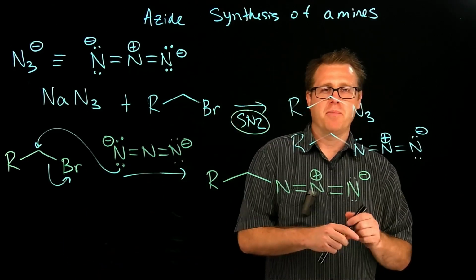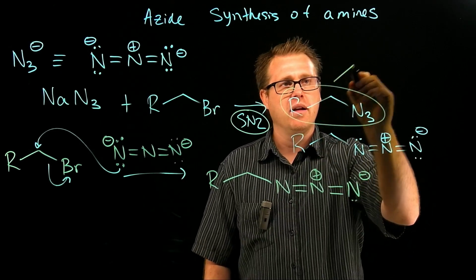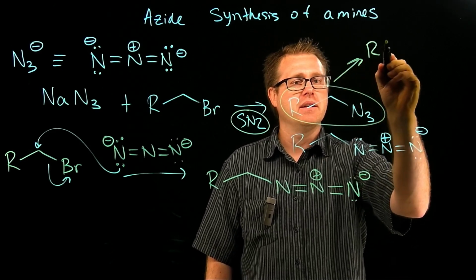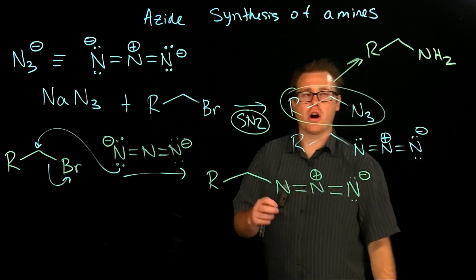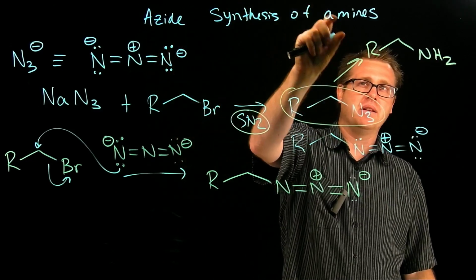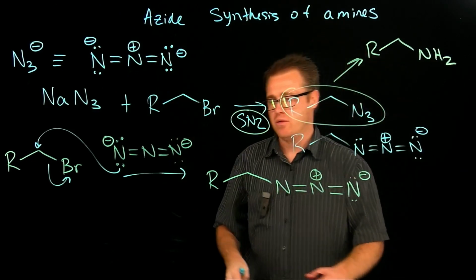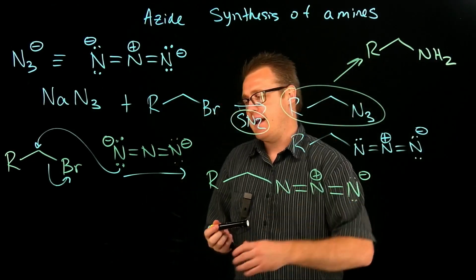Now, if you just want the azide, then you're done. But the reason why we're making an azide is because we can take this azide right here and convert it into an amine. That's our goal. We've synthesized the azide so we can convert it into an amine. That's the whole purpose here, to make amines. Now, how do we make that amine?